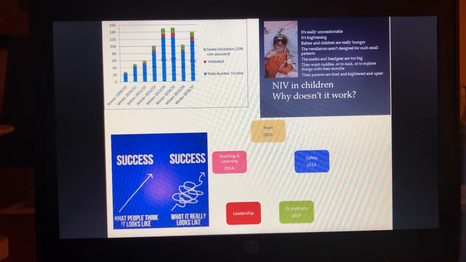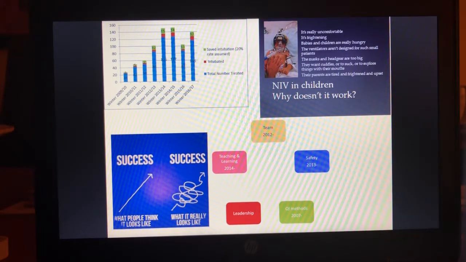Then we see a significant jump to 2013-14 and 14-15, and that's really accounted for by the success of the children's emergency department, as attendances went up from 22 to almost 25,000 children a year. Also, a local inpatient unit about 35 miles east of us had closed down, so families were coming more in our direction.